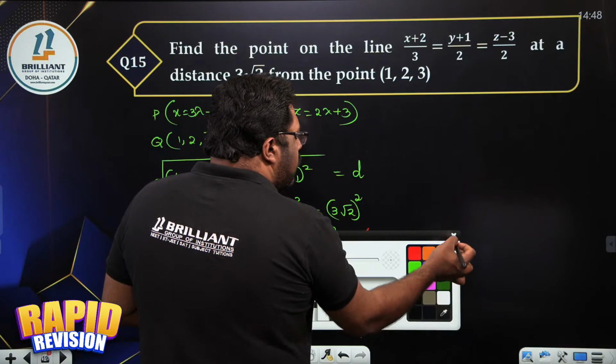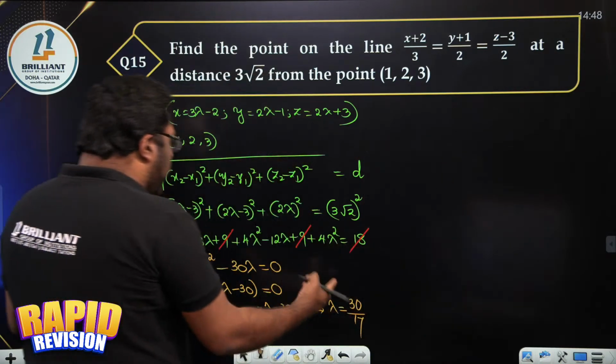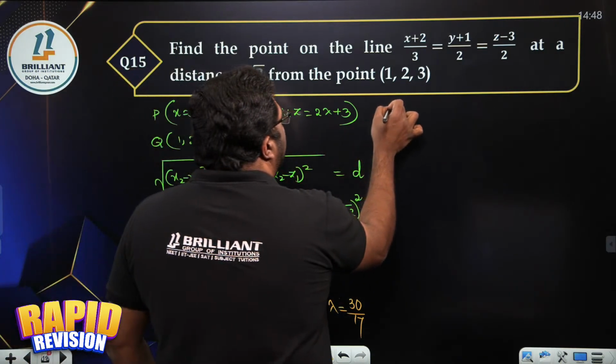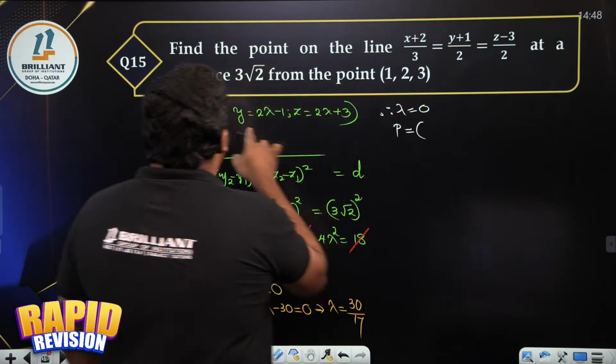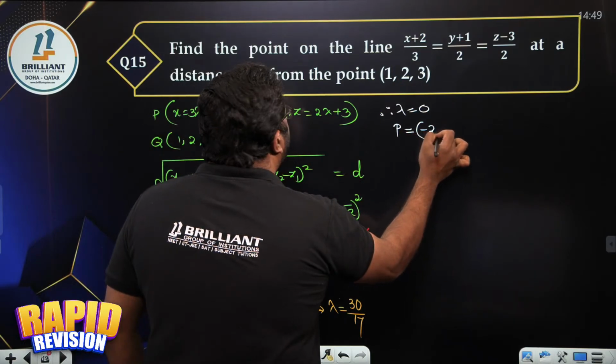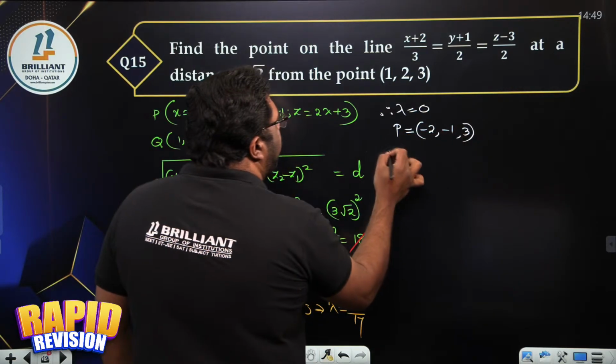It's a 2 mark question, so you can find both the values of P. For lambda equal to 0, P equals (-2, -1, 3).